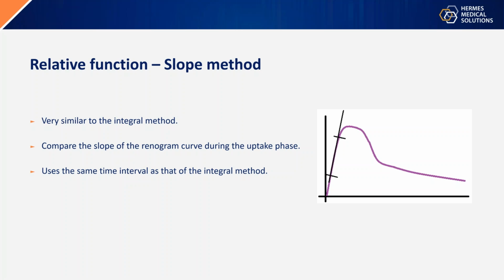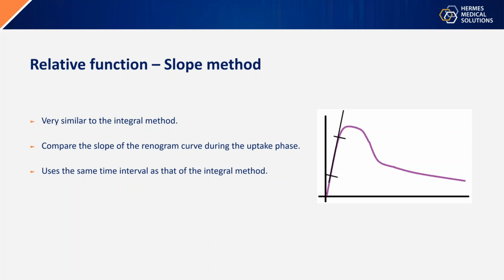So in a way, this is a sort of average between the integral method, because we use the same time intervals as the integral method. Guidelines said 90 to 150 seconds, you remember. Whereas here we use the slope instead, which is what we did for the Patlak plot. But it is rather straightforward, and in my experience, most people use the integral or the Patlak method.